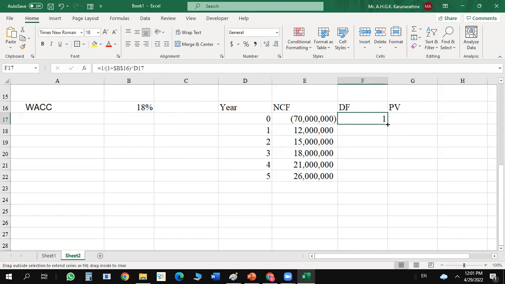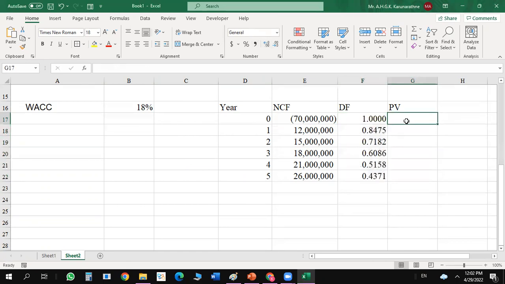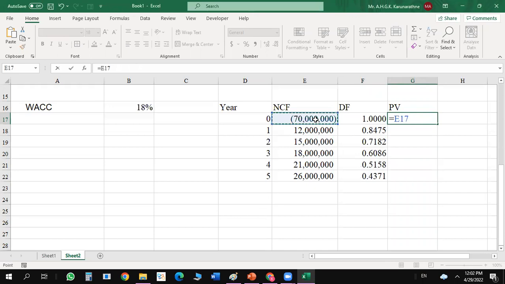You can do it like this and decrease the decimal places, and present value is equal to this times this.